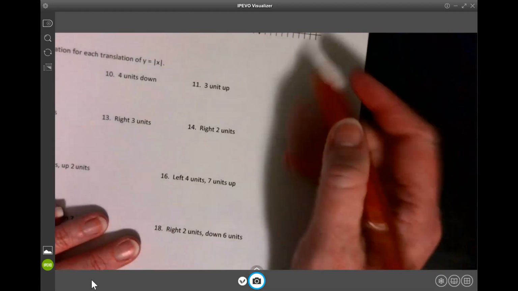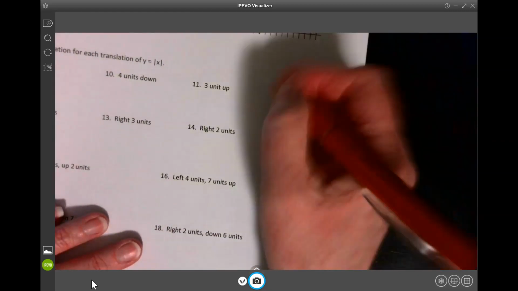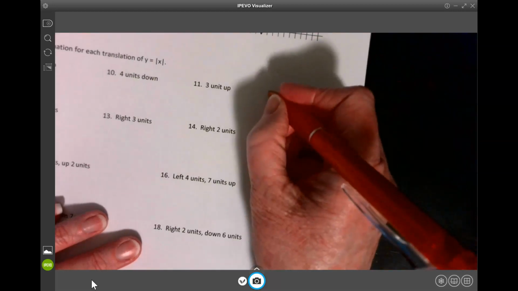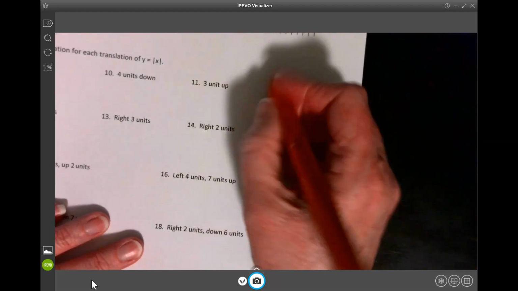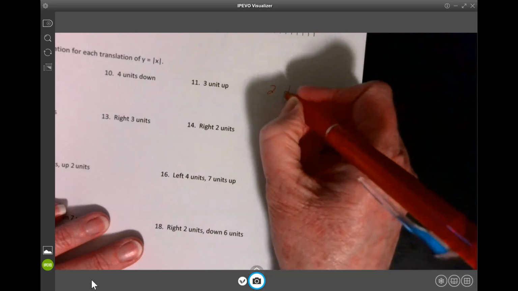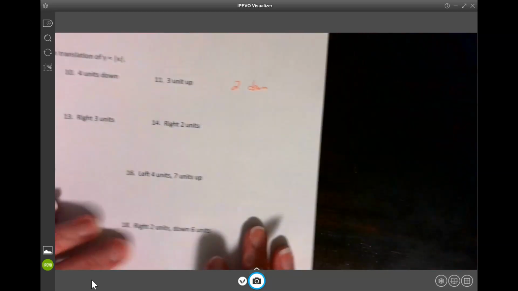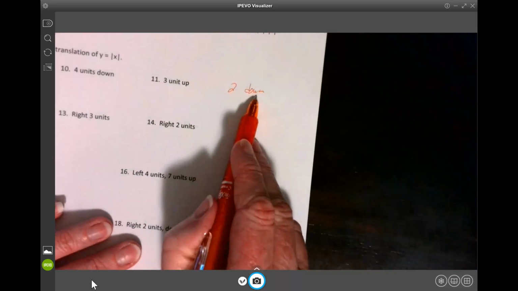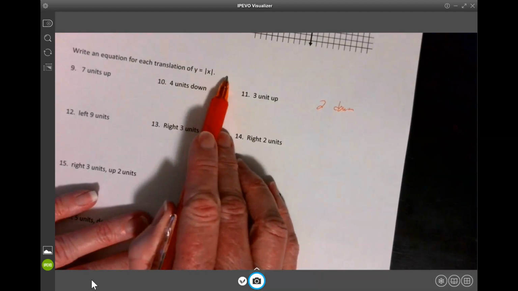I'm going to make up another one over here, and I'm going to make up that it shifts 2, and it's going to go down. So if it shifts down 2, think about what is that affecting? It's affecting that number on the outside. It's affecting k.